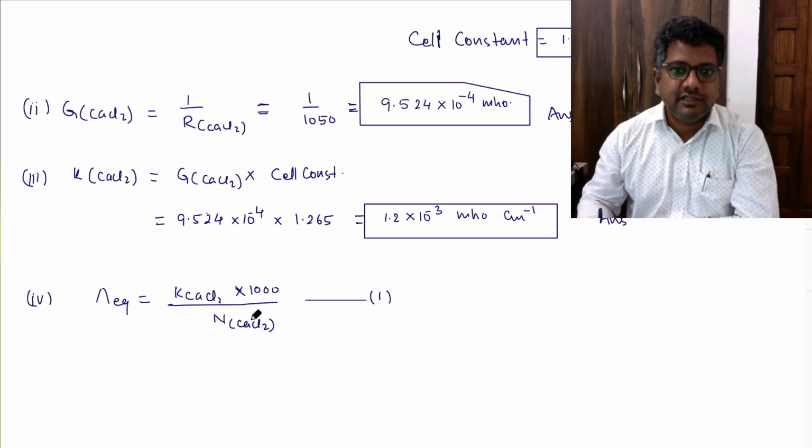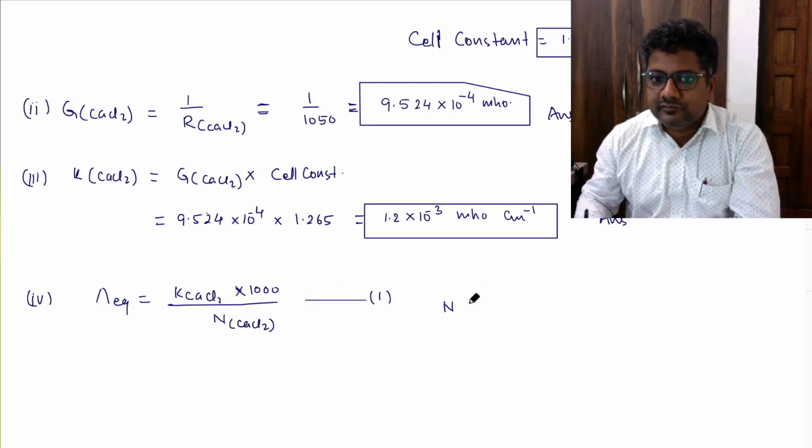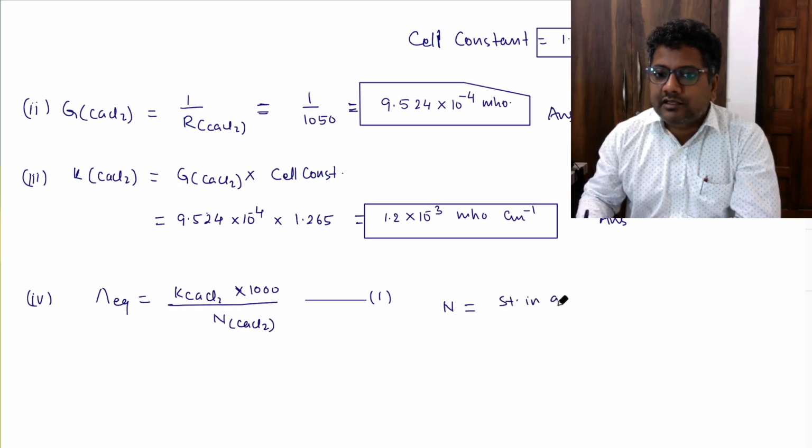Normality is equal to strength in grams per liter divided by equivalent mass.